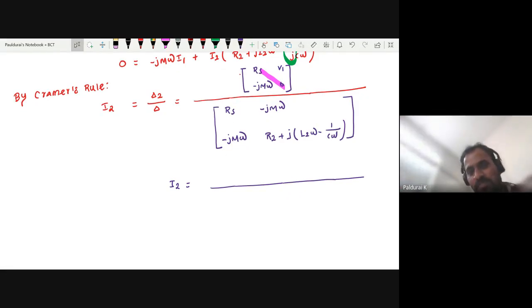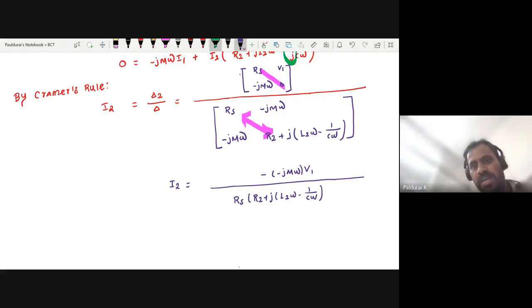Okay, so what is the numerator? It becomes minus of minus j m omega times V1, right? At V1. What about the denominator? This, into this, you want to multiply. So it becomes Rs times R2 plus j L2 omega minus 1 by c omega.